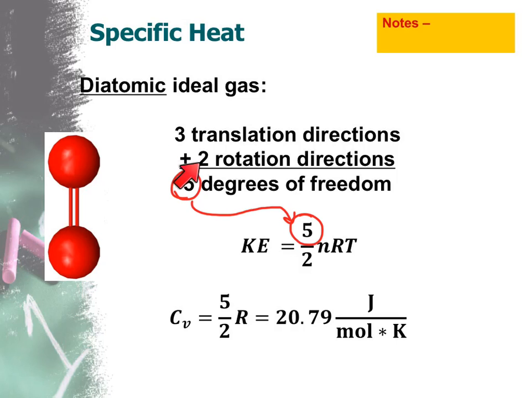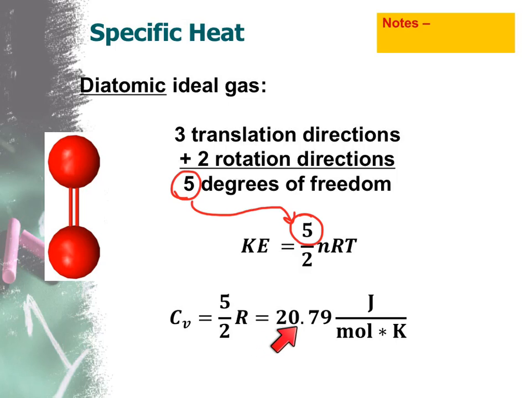Well, now we have 2 extra degrees of freedom, so now we have 5/2 nRT. Just like on the last slide, we can use this and the ideal gas law to show that the specific molar heat at constant volume has to equal 5/2 times R, and that is equal to 20.79 joules per mole per Kelvin.